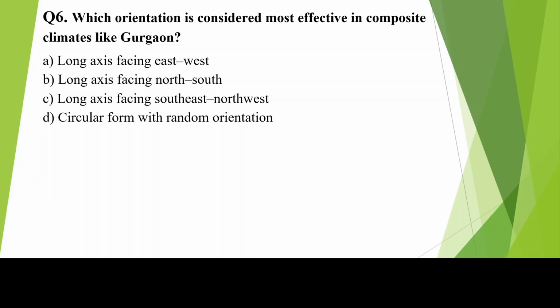One building example was given to you where the building was shown and its orientation was discussed. So whether the longer axis will be facing east-west, or north-south, or southwest, east-west, or circular form with random orientation. So try to give an answer to this question number 6, all of you.